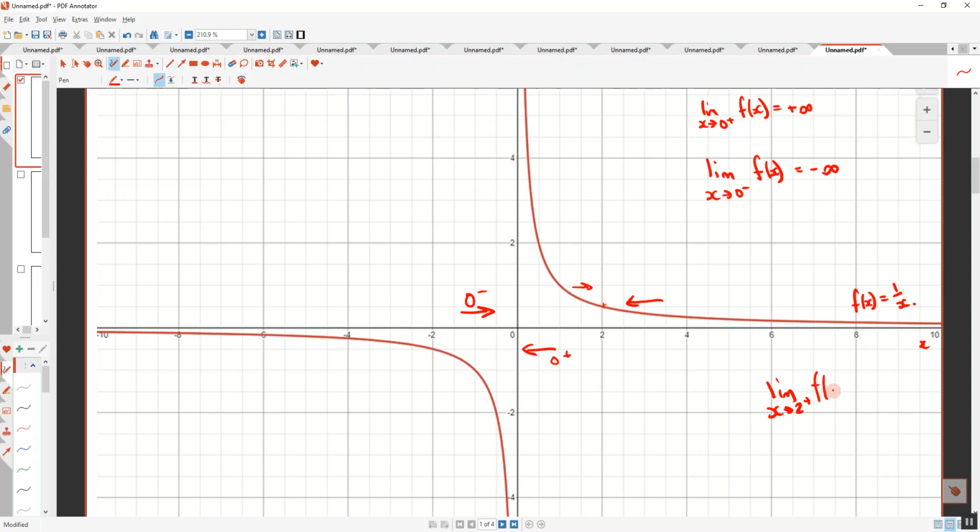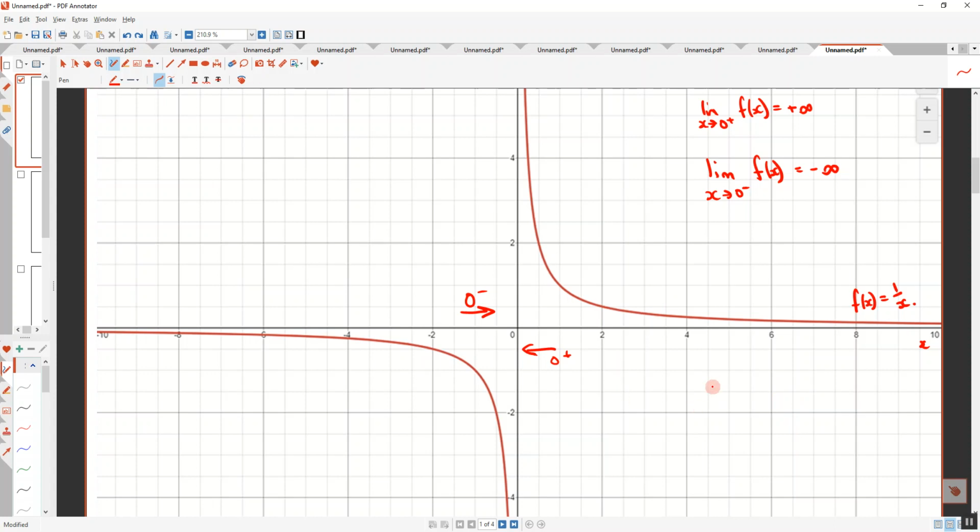So the limit would just be 1 over 2, because that's what it would actually equal. Whereas with these ones, it doesn't ever actually equal infinity. It doesn't ever actually equal negative infinity. So you can't just make up limits. No. Limits are not very nice things, actually, to be fair.